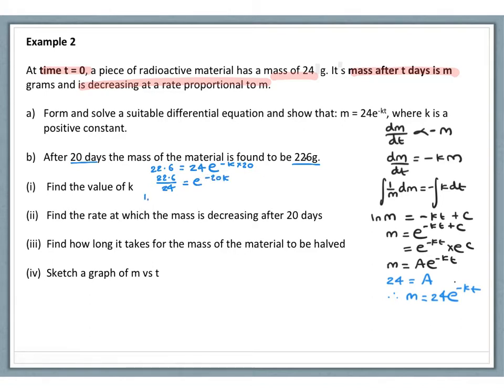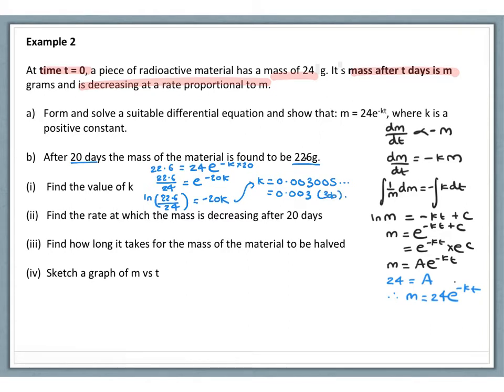And then, of course, taking natural logs of both sides gives us this result over here. And then we simply need to divide both sides by negative 20 to find our value of k. So this gives k equals 0.003005 ... So 0.003 to 3 decimal places.